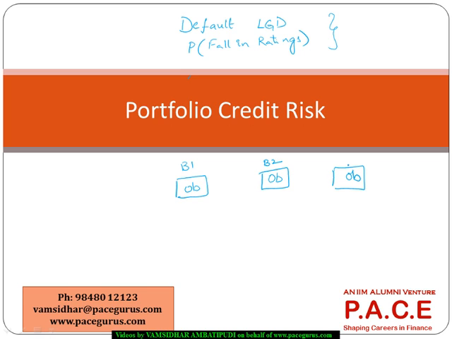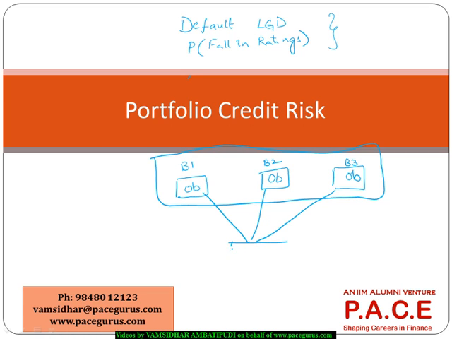I have created these three lending securities, or these three instruments, and I have merged them into a portfolio, right? Because I have provided loans to three borrowers and I am looking at the overall risk in a portfolio framework. So that is where I am observing the portfolio credit risk.